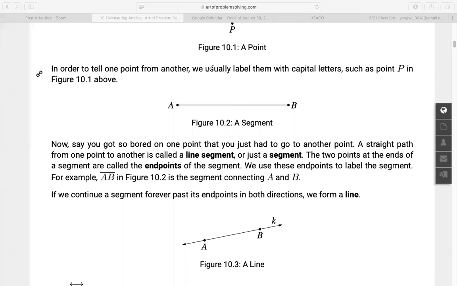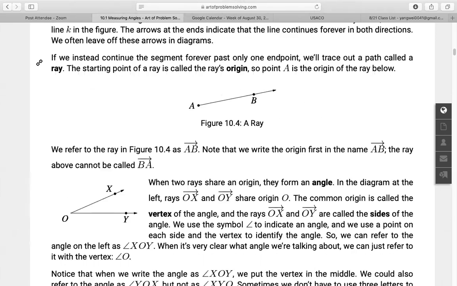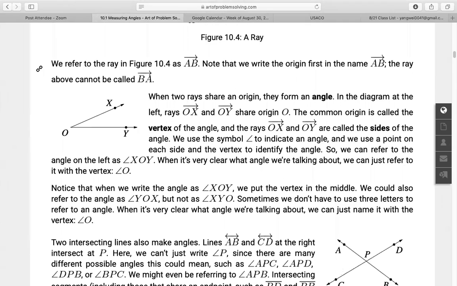Okay, now after we know how to get a ray, starting from origin point O, we can get a ray OY. Then if you have another point X, you can draw another ray OX. Then these two rays form an angle at origin point O, right?